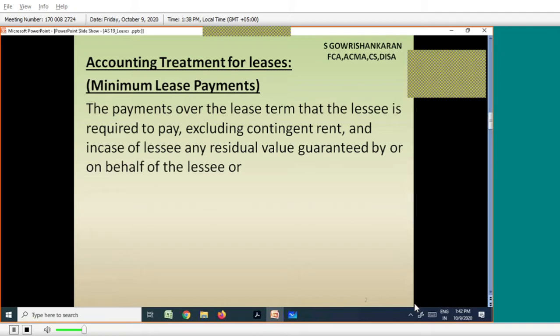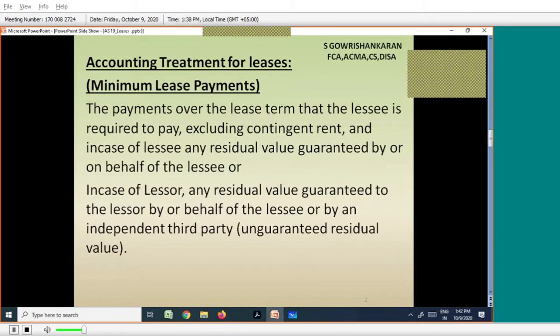That is the guarantee given by lessee to lessor. So minimum lease payment in the books of lessee means what? Whatever lease payment made by the lessee plus any guaranteed residual value. So I am writing that here.